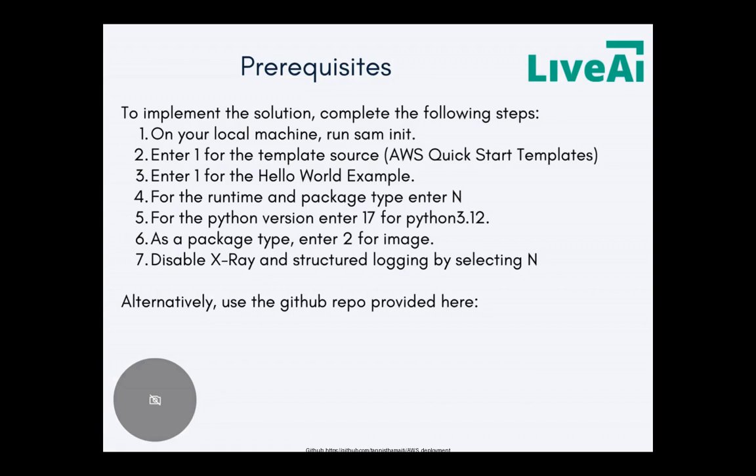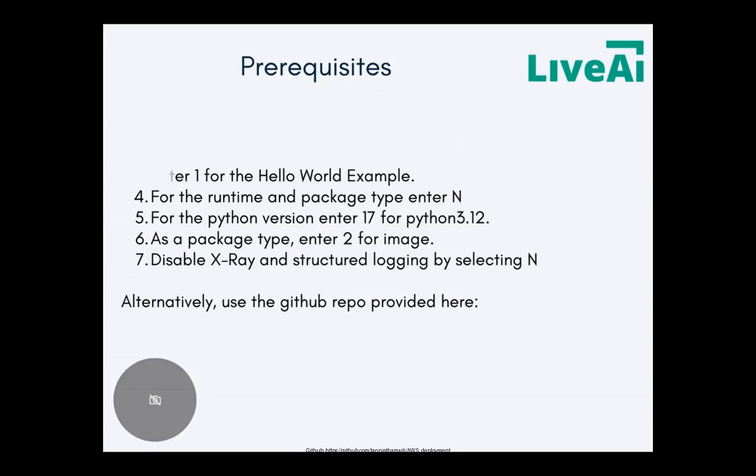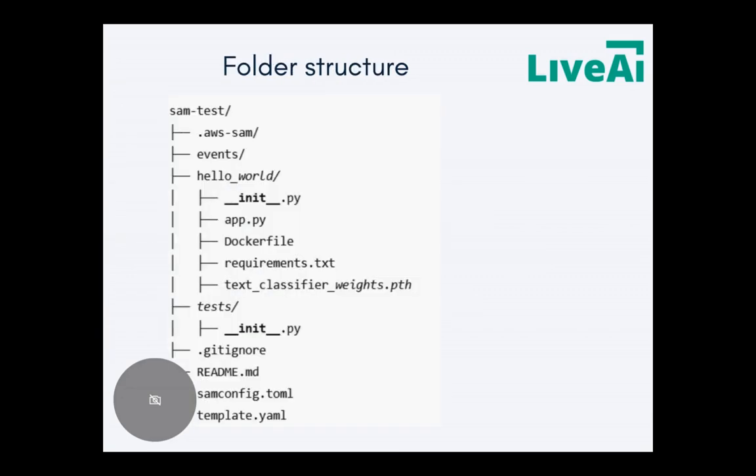Our package type should always be image. It will give you two options, zip or image. You should use the image option because we are going to deploy it through ECR, which is Amazon's Docker repository.